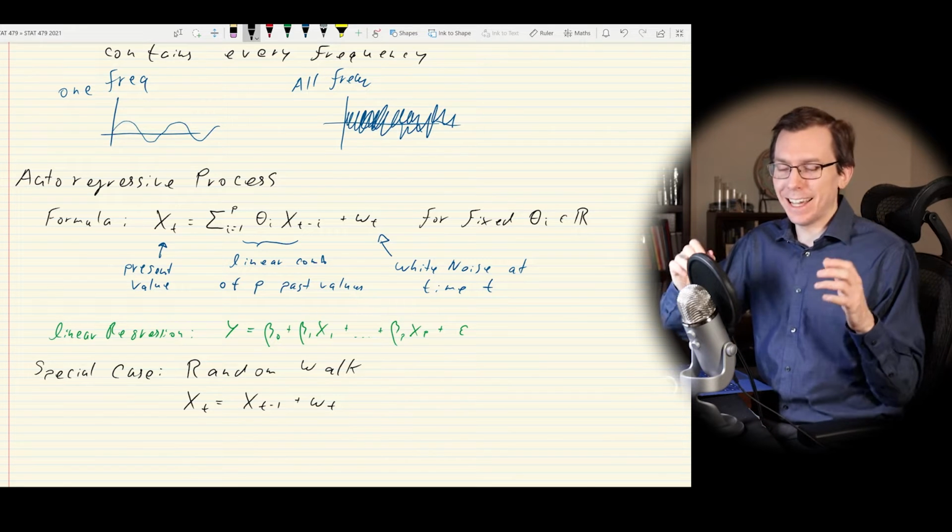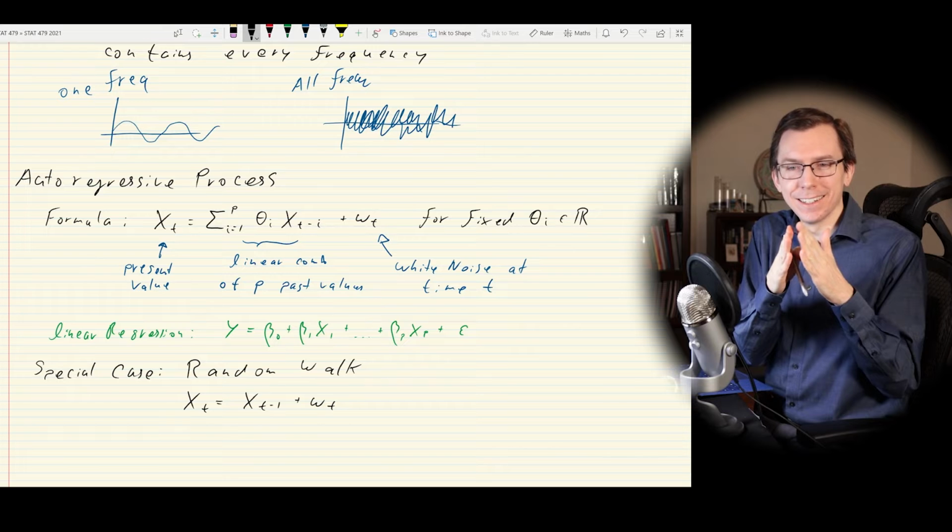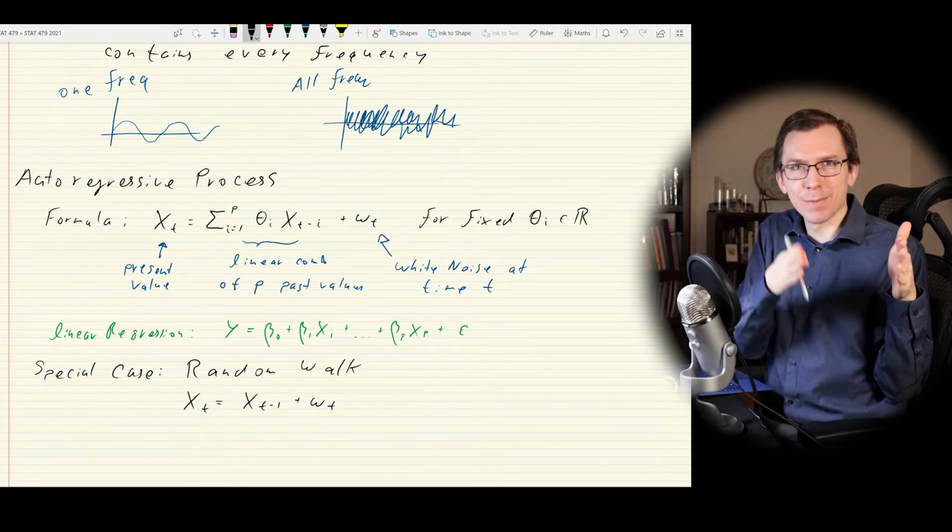What this says is that at time t, I'm just going to take the previous time step and add on some random noise.